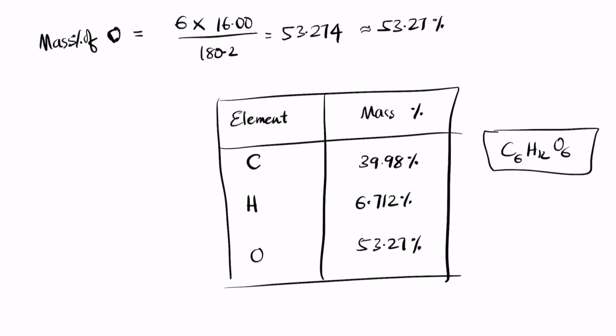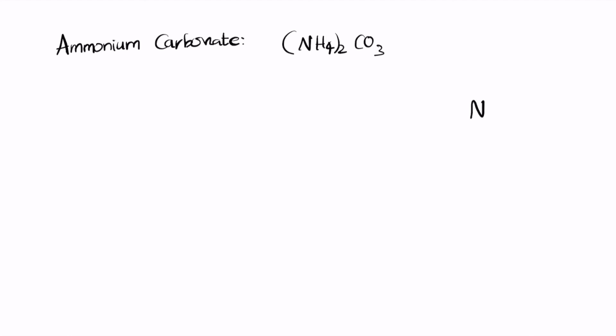Now try an example. Try ammonium carbonate, which is NH4 taken twice, CO3. Try to calculate the mass percentage of each. I'm going to write all the atoms: nitrogen, hydrogen, carbon and oxygen. There are 2 nitrogens, 8 hydrogens, 1 carbon and 3 oxygens.